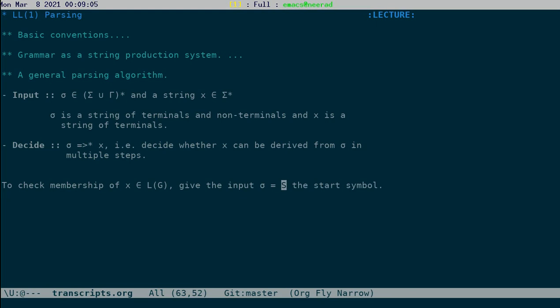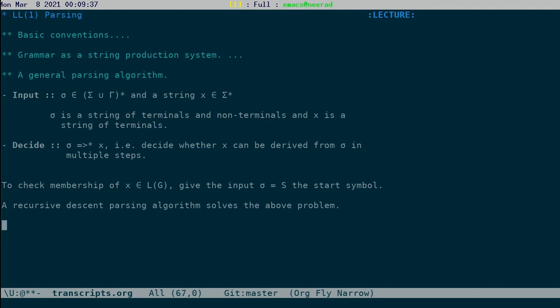So if that is true, then you know that by definition string x is in the language. Okay. So the LL1 parsing algorithm or any recursive descent parsing algorithm can be seen as solving this. A recursive parsing algorithm solves the above problem.